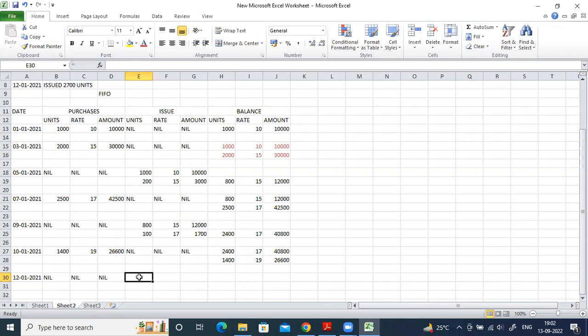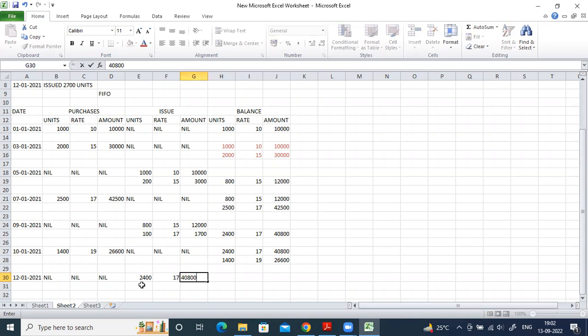First, in the issue column, how much do I need to write? 2,700, sir. Because in the first lot, how much stock is there? Only 2,400 into 17, 40,800.